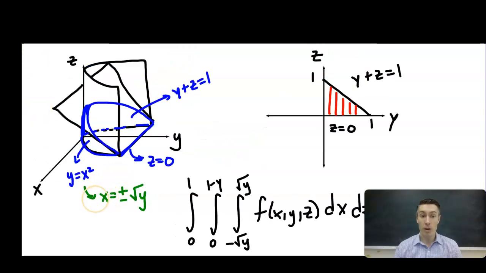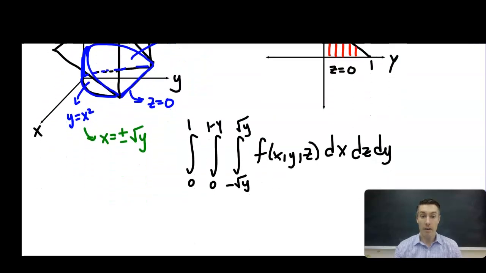And then as a type 3 region, same little wedge, project onto the yz plane. It's this triangular region. And we have now triple integral dx dz dy. So between x equals surfaces, this is where it gets a little tricky, only one of the surfaces had an x in it. So you can see in green, I had to solve for x.